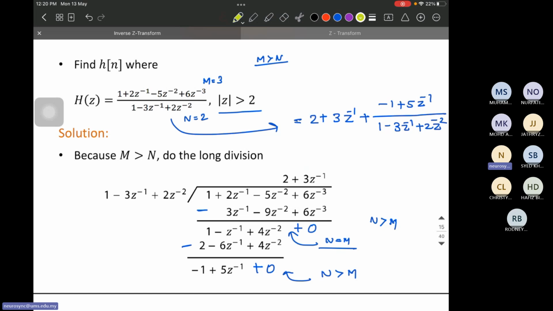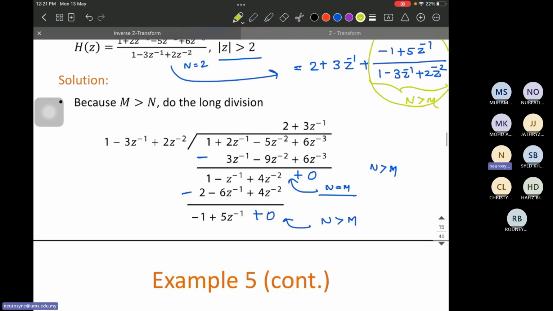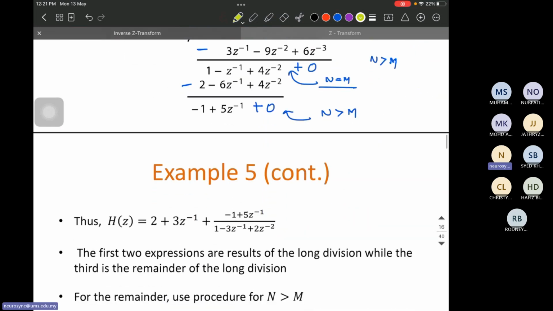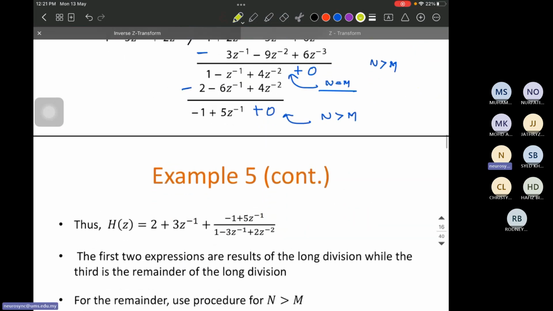At this stage, this is the remainder where n is greater than m. So H of z is like this.